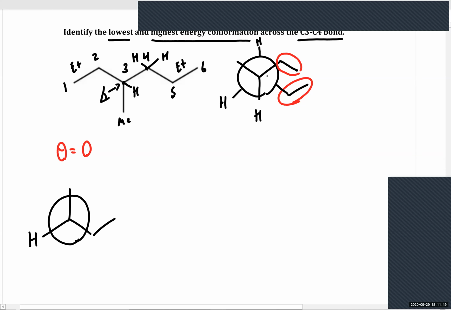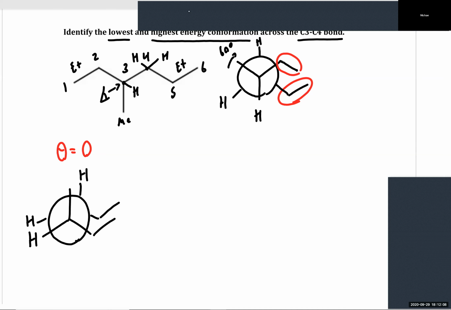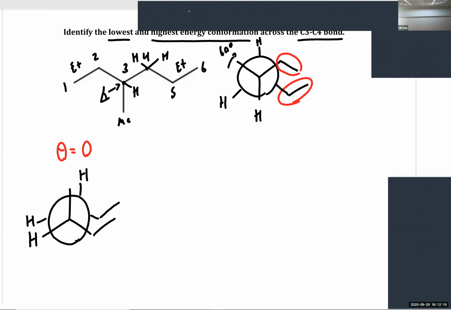Taking my Newman projection, I'm just going to set it up. All I did was rotate my front carbon-carbon bond 60 degrees, just to show you what that would look like. That looks like this.